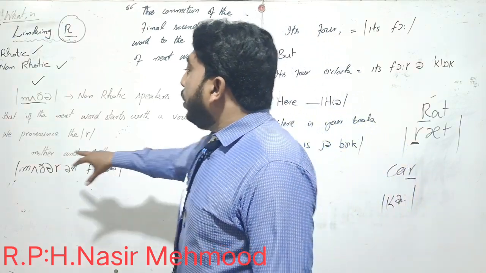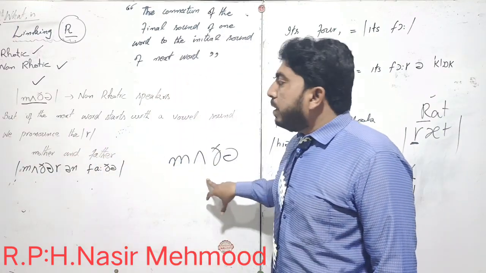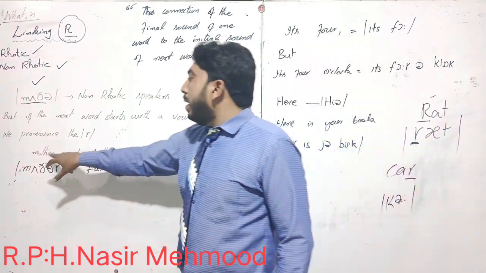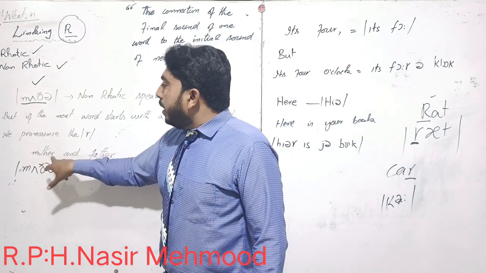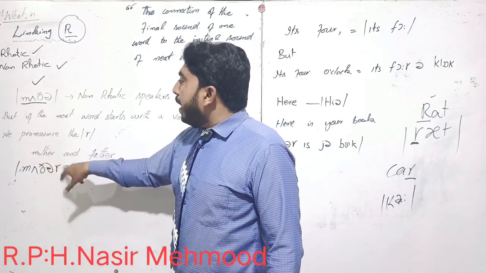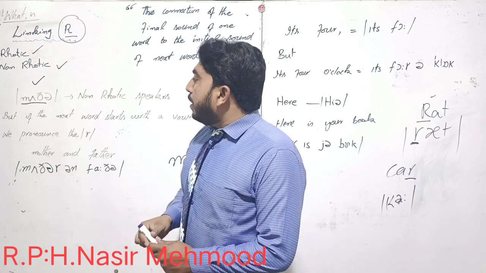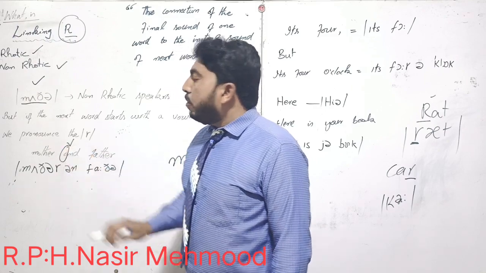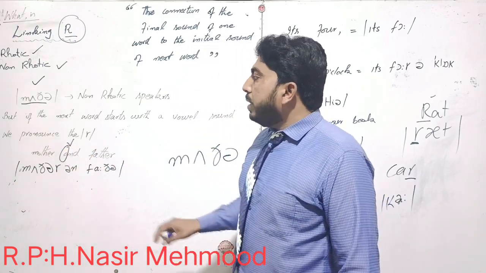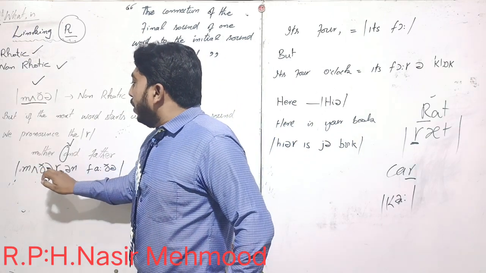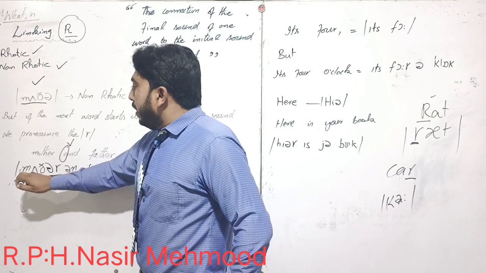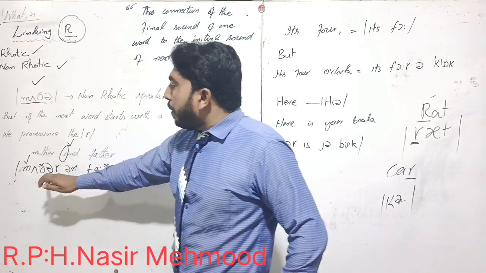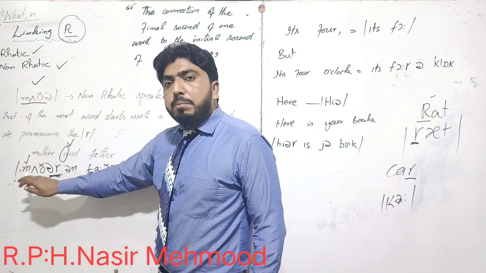But when we use these words in connected speech, for example, mother and father, what happens now? This R is followed by the next word, which starts with a vowel sound. So in this way, we will use linking R. In isolation, it is pronounced as mother.